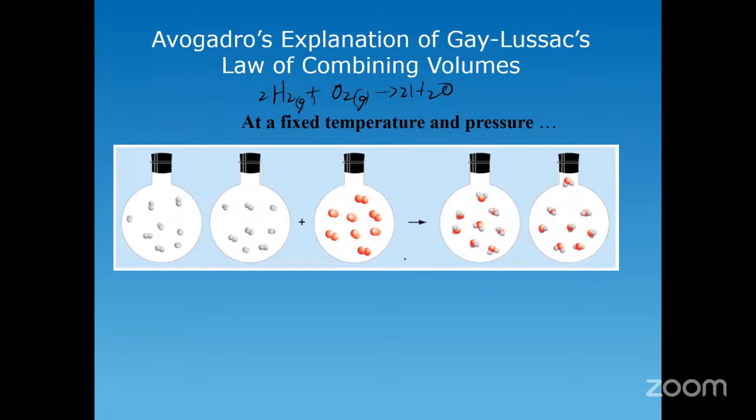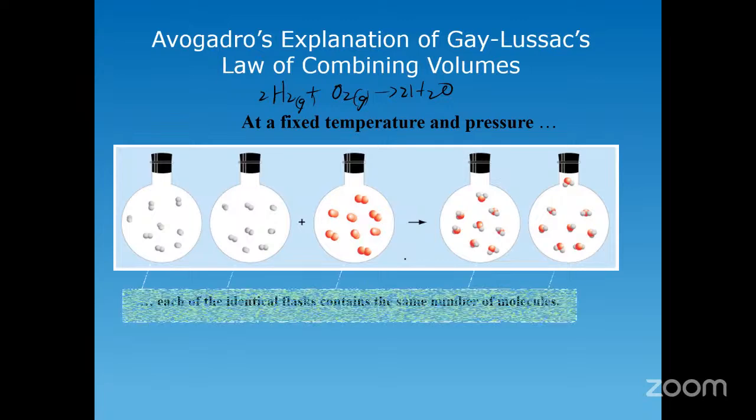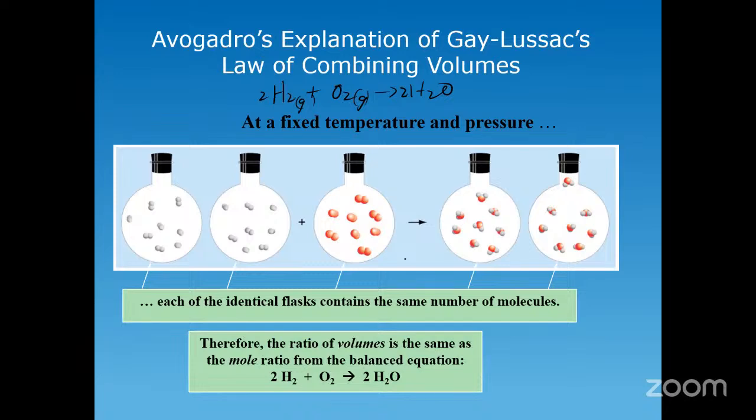That's just what is established by the coefficients in the balanced equation. Basically, the volume ratio will be the same as the ratios of the coefficients of the different substances involved, if they are gases at the same temperature and pressure, all right? So that's basically what that is all about, all right?